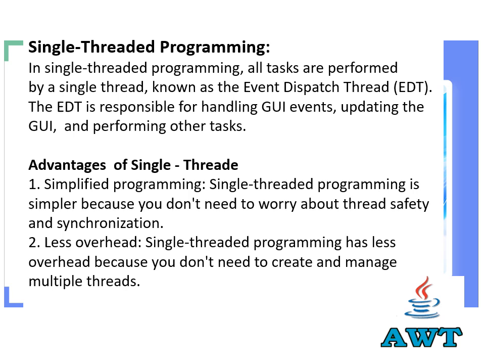The main advantages of single-threaded programming: it is simpler because you don't need to worry about thread safety and synchronization, and it has less overhead because you don't need to create and manage multiple threads.